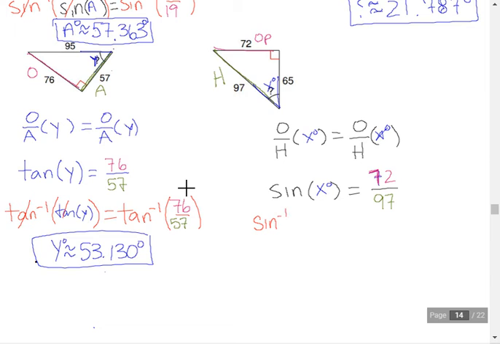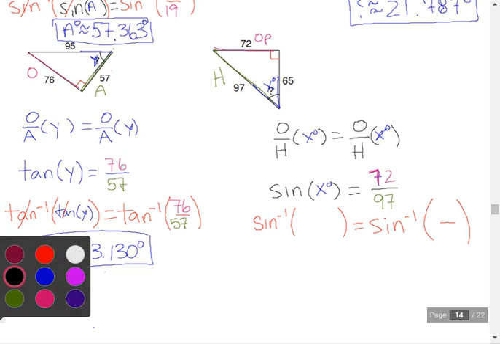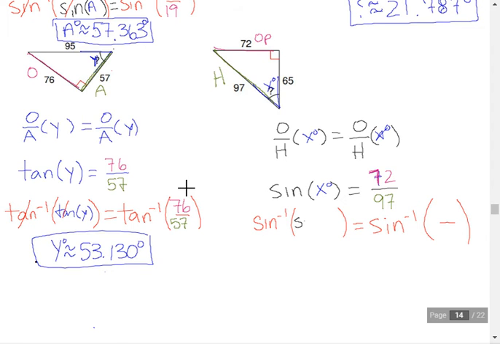Okay, but if I apply it to one side, I have to apply it to the other. Okay, and so I have to apply it to the sine of X, where X is of course the angle.